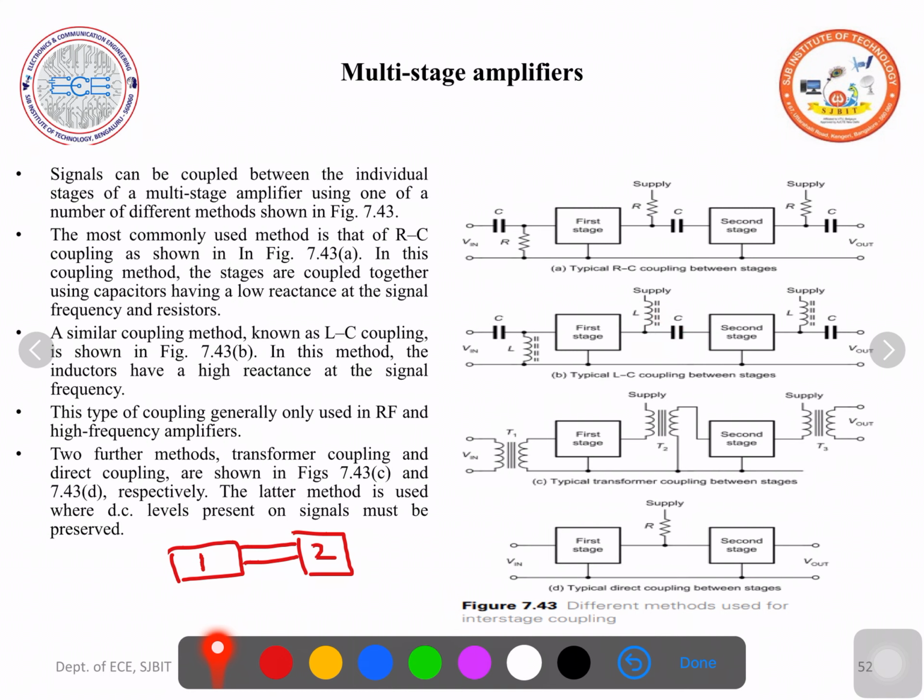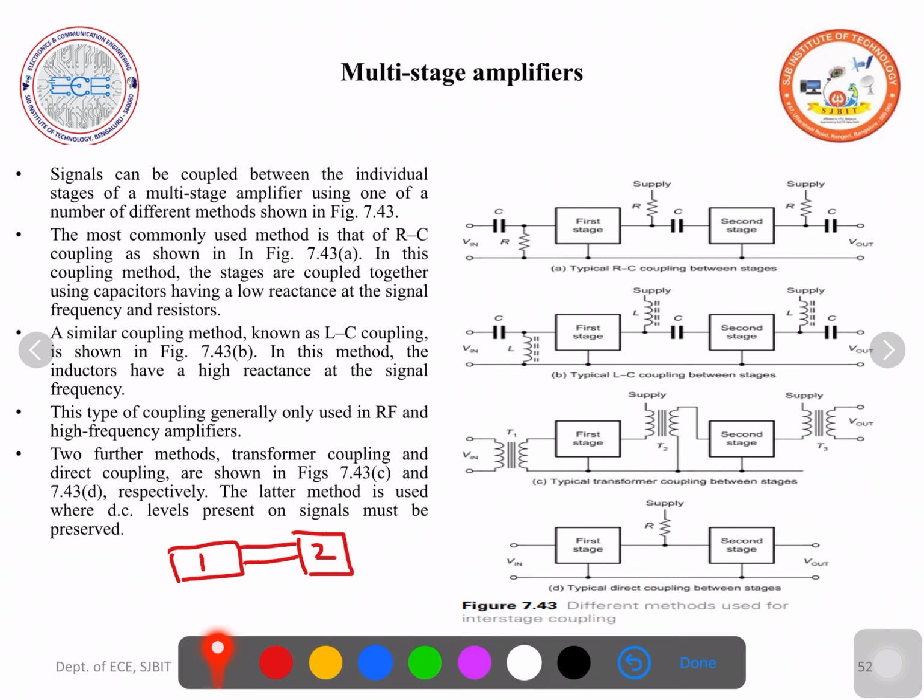Let us go to the third method: transformer coupling between the stages. These two stages are connected via a transformer. This type of coupling is generally used only in RF and high frequency amplifiers.